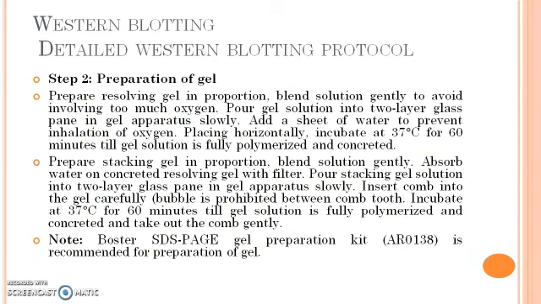Step 2. Preparation of gel. Prepare resolving gel in proportion. Blend the solution gently to avoid introducing too much oxygen. Pour the gel into the 2-layer glass pane slowly. Add a layer of water to prevent inhalation of oxygen. Placing horizontally, incubate at 37 degrees Celsius for 60 minutes till the gel solution is fully polymerized and concentrated. Prepare stacking gel in proportion. Blend the solution gently.